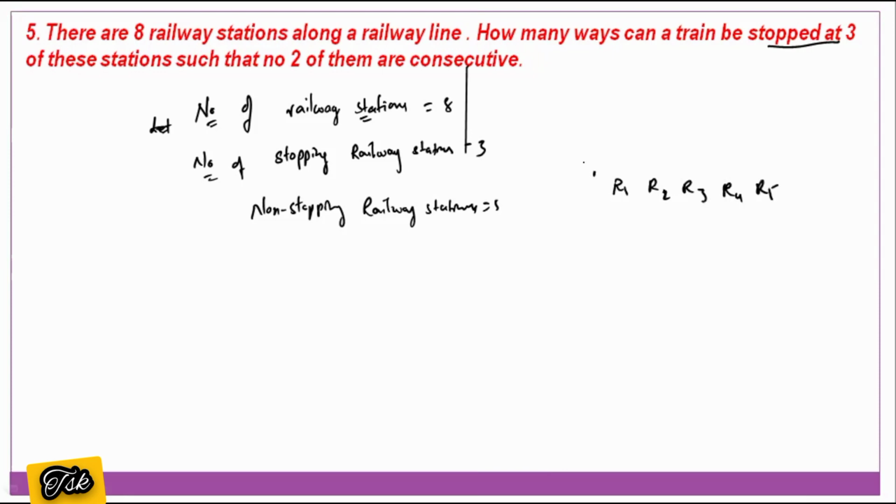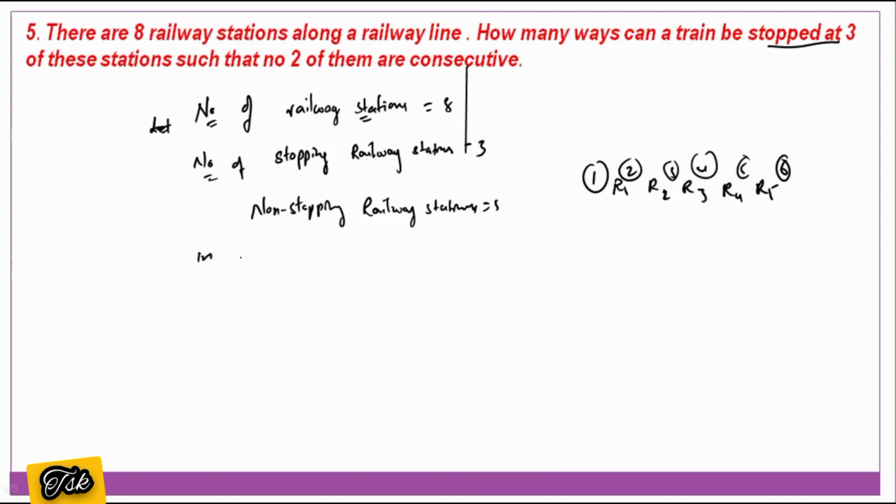So I consider the 5 non-stopping railway stations as R1, R2, R3, R4, R5. In between them, 1, 2, 3, 4, 5, 6 places will be there. In between the 5 non-stopping railway stations, there are 6 stopping possibilities. In those 6, 3 stops can be selected in 6C3 ways.